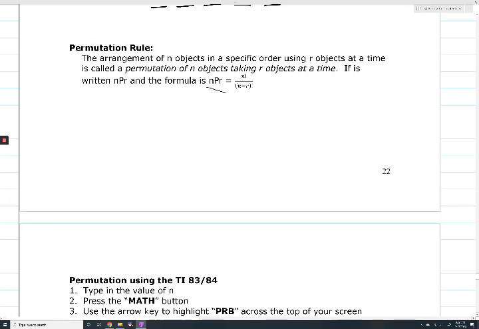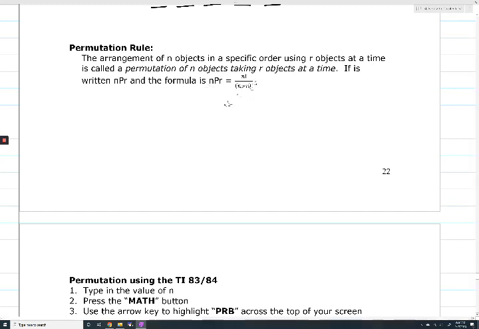And a permutation uses this formula here. So nPr is the way it's written. You may see something like 10P2. So that is, you have 10 objects and you're taking them 2 at a time, and then the P says it's a permutation, so that means the order in which we're taking them matters.